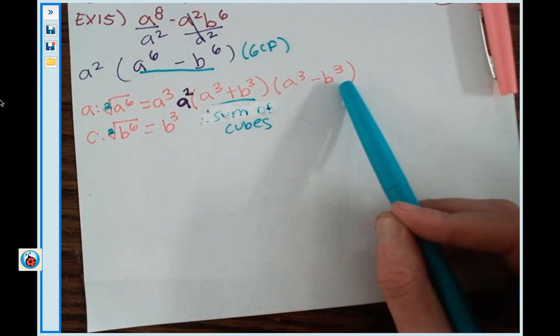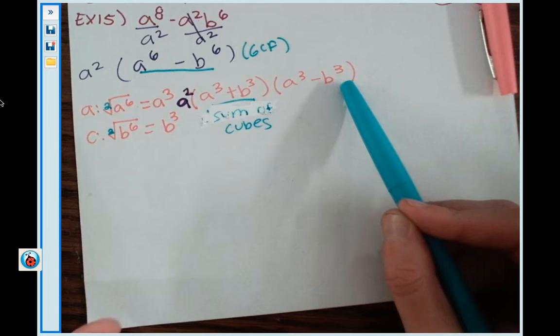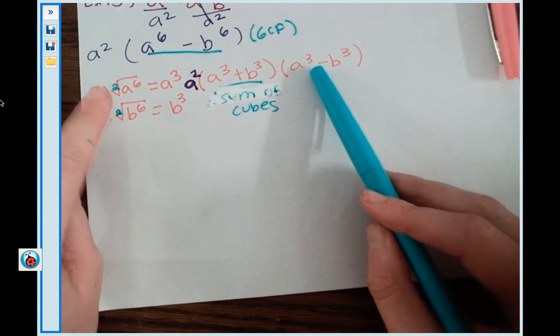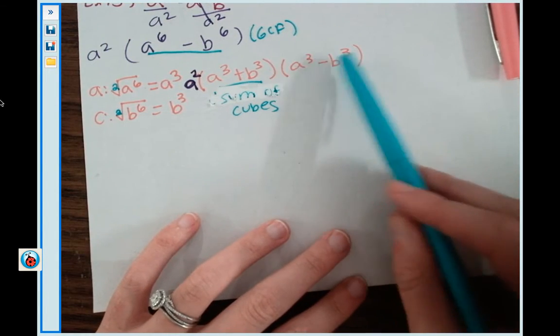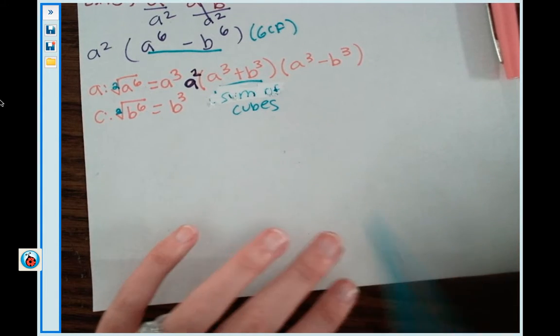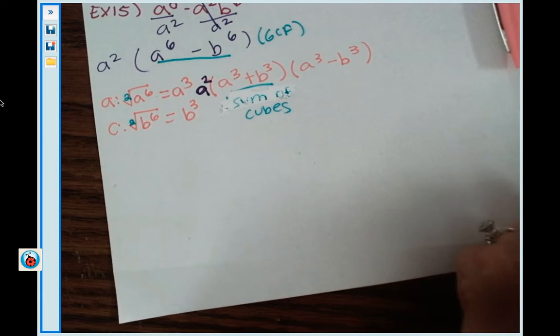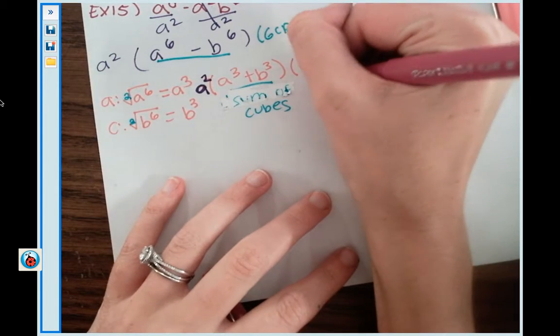So this is definitely not a difference of squares. But a difference of cubes says I have to be able to cube root each of these. Cube roots have a 3 in the index, so I can divide 3 by 3. So a difference of cubes will work on this one. On this one, we're going to do a difference of cubes.